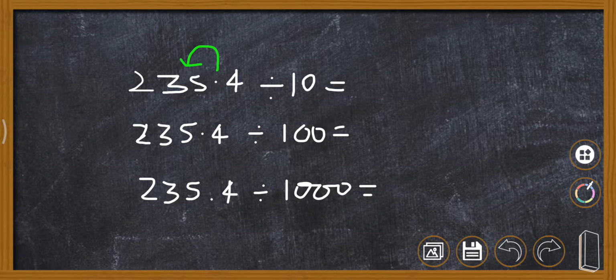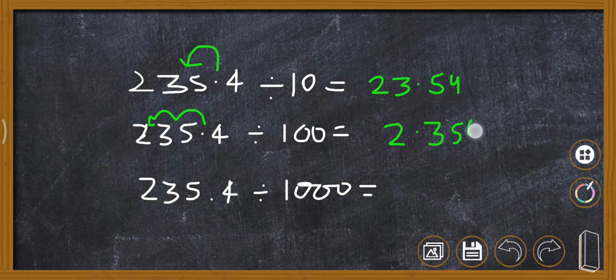So it is 23.54. Now here you can see two zeros are there, so that's why it will take two jumps and reach 2.354, and the last one it will take three jumps because it is divided by 1000. 1000 means three zeros.